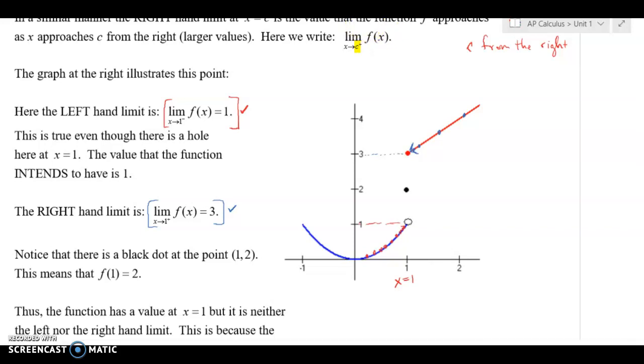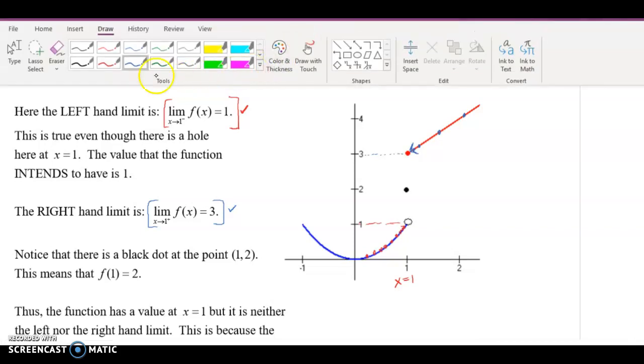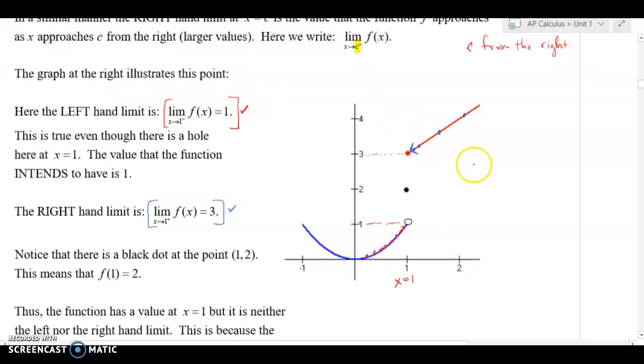So if I said, what is the limit of f of x as x approaches 1? Well, it's two different answers, right? So if it's two different answers, then I just have to say that the answer for this problem does not exist. And some people say is equal to does not exist, and that's okay.